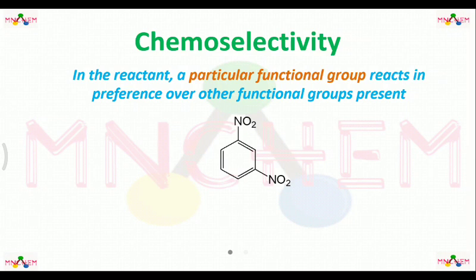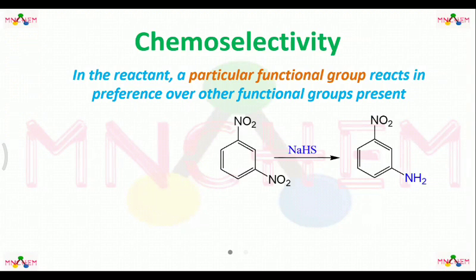When we try to reduce the meta-dinitrobenzene using sodium hydrogen sulfide, only one nitro group gets reduced and the product formed is meta-nitroaniline.